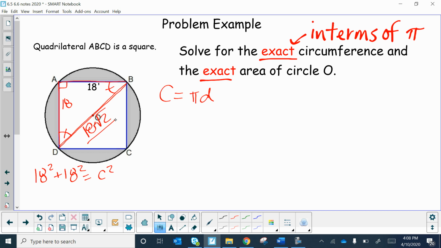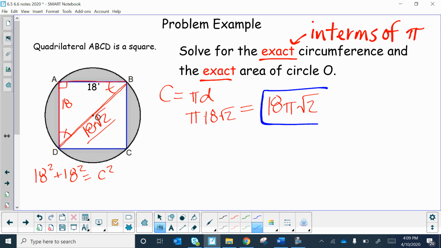So when I plug that into my formula, pi times 18 radical 2, you really don't want to do anything else beyond that because we have to leave it exact. You'll want to punch that into your calculator and get a decimal, but then we're giving an estimate. So here's how you write your final answer. You write 18 pi radical 2.